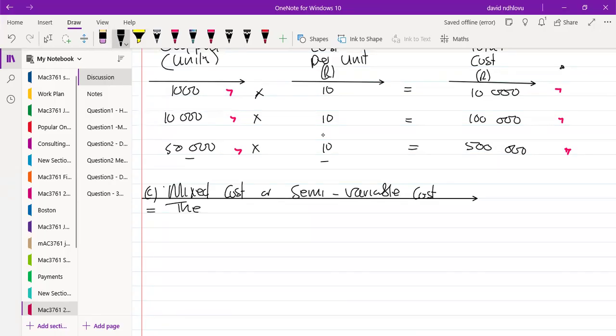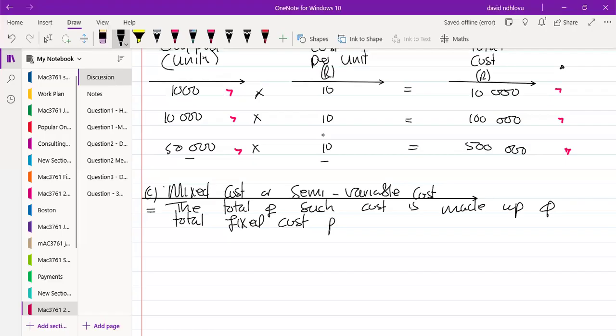The total of such a cost is made up of total fixed costs plus total variable cost combined. So this is a combination of fixed cost and a variable cost.